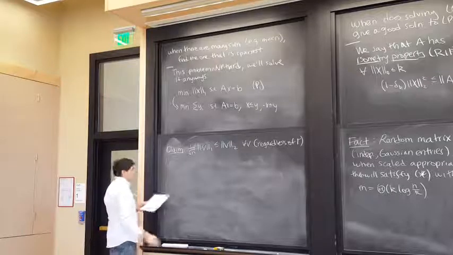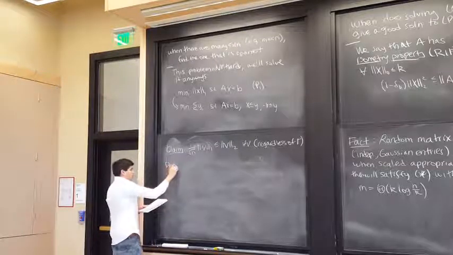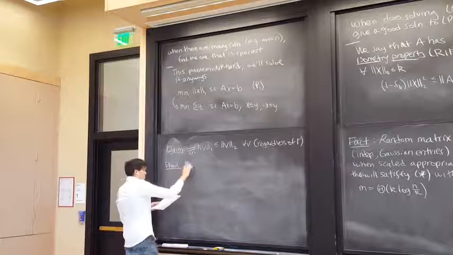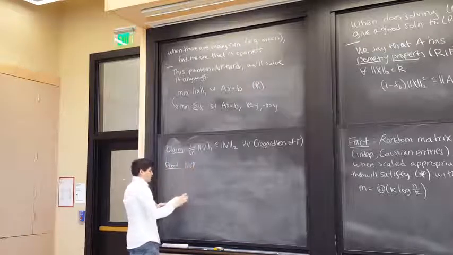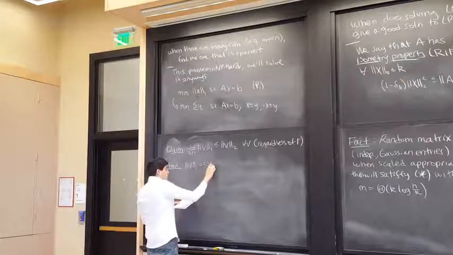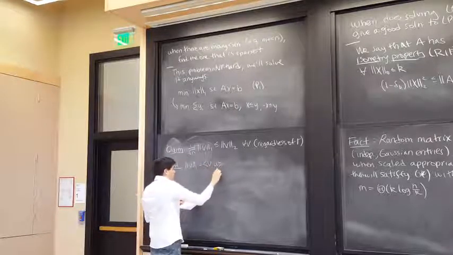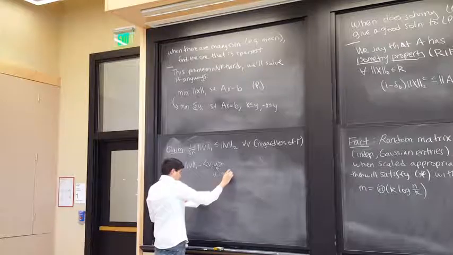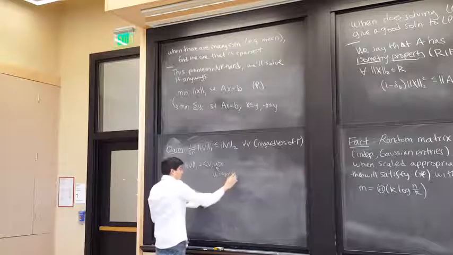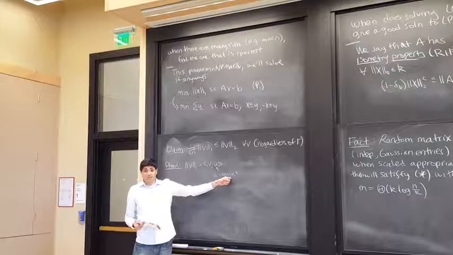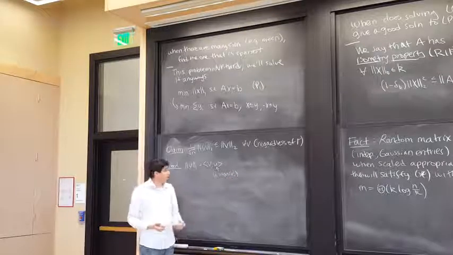Now, this follows just by Cauchy-Schwarz, so let's prove it. Proof is obviously very short, which we can think about the L1 norm of v as being the inner product between v and a vector u, where u itself has the property that ui, its entry in the ith coordinate, is itself the sign of vi. So positive things go to +1, minus things go to -1, and 0 goes to 0.